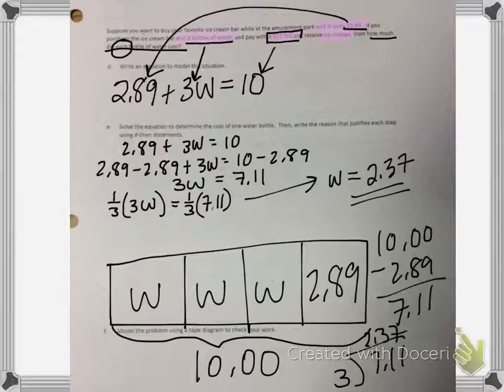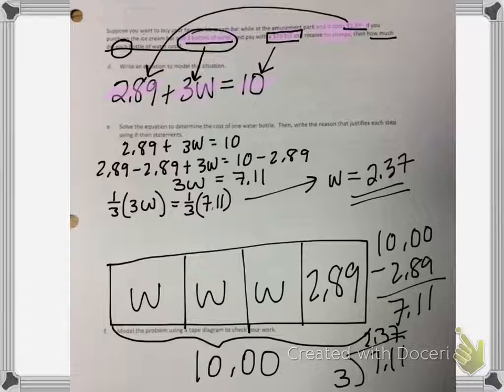Okay, so here we are with this problem solved now. The first part of this problem was to write an equation to model this situation. And as you can see, I've done that up here. I have my known of 289, which I got from my problem, plus 3W because I have these 3 bottles of water whose price is unknown, equals $10.